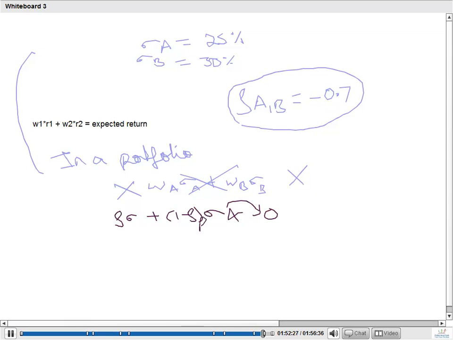Don't worry about total risk. You should only multiply the risk premium by the systematic risk. This term, that is correlation into expected sigma of the portfolio upon sigma of the market, is also called the beta of the portfolio.